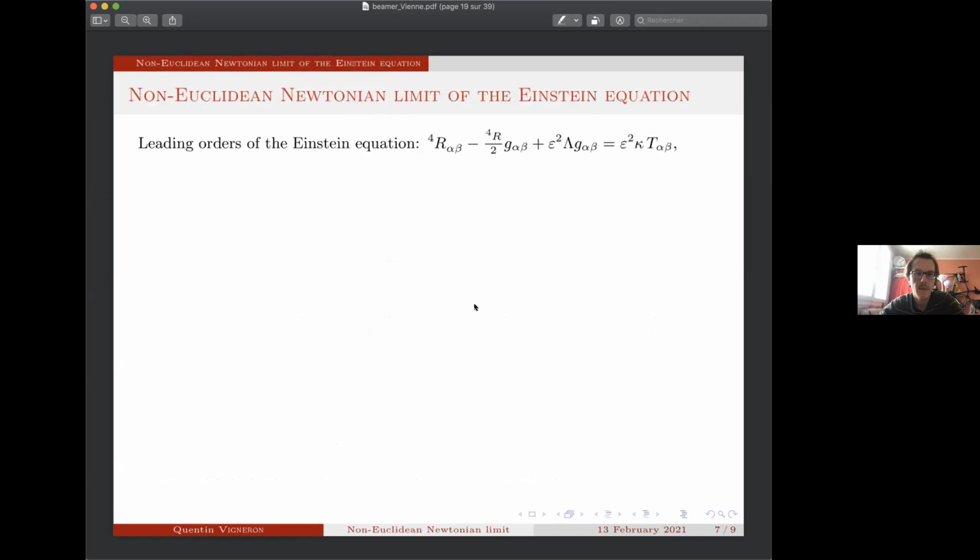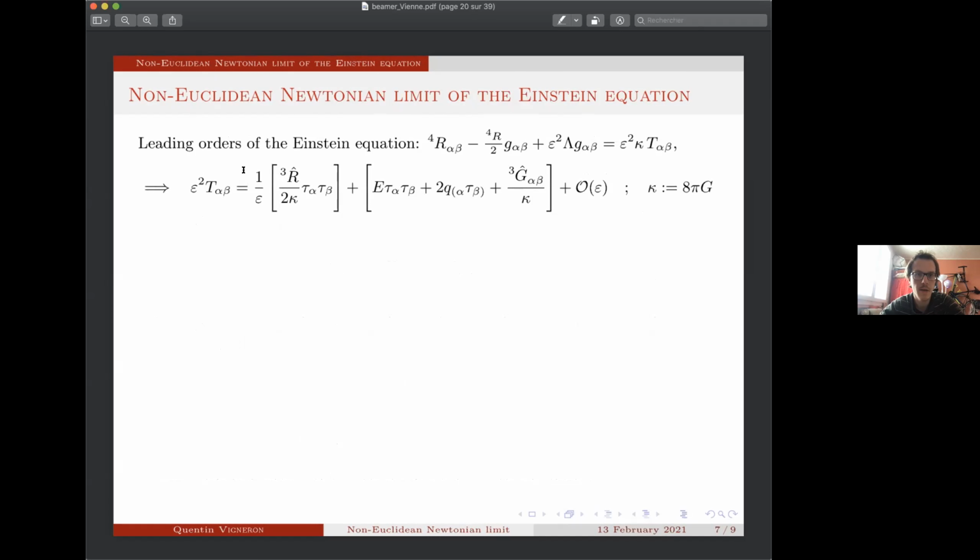So let's consider this Einstein equation and take the leading orders of the left-hand side, which will give us the leading orders of the stress energy tensor as a function of the Galilean structure variables.